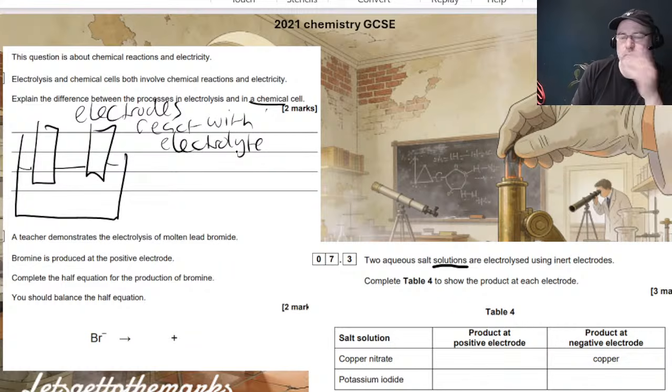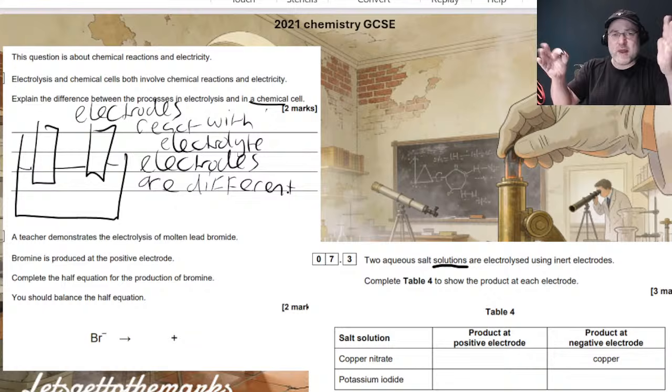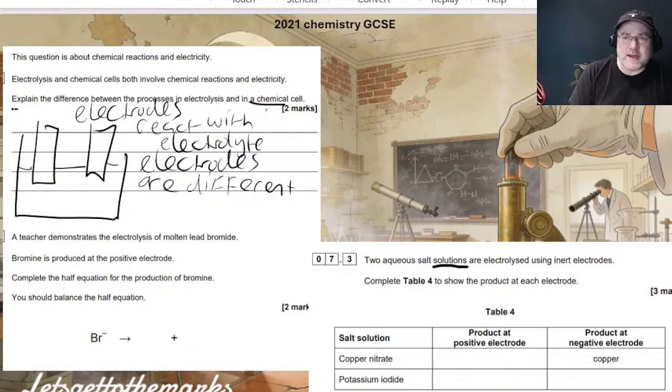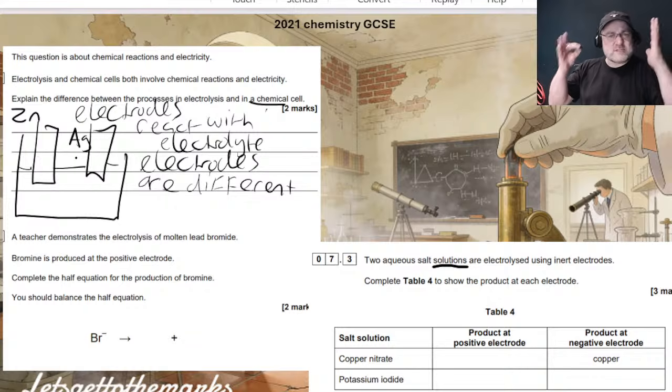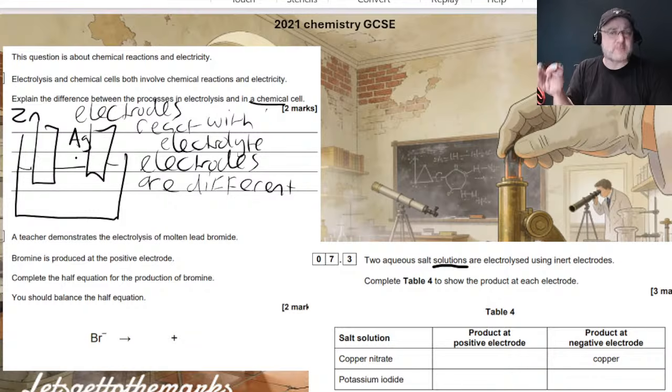And what else can we say? We can say electrodes are different materials. What do I mean by that? In electrolysis, both electrodes are made of carbon. In electrochemical cells, this might be zinc and this might be silver. We use different elements or different materials for each electrode. The electrodes must be different. They mustn't be the same in chemical cells.